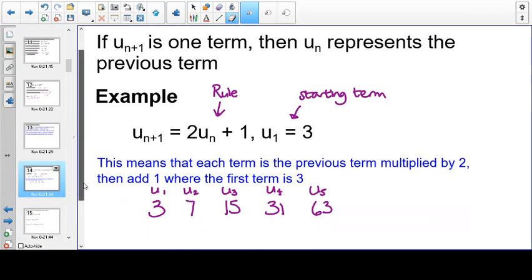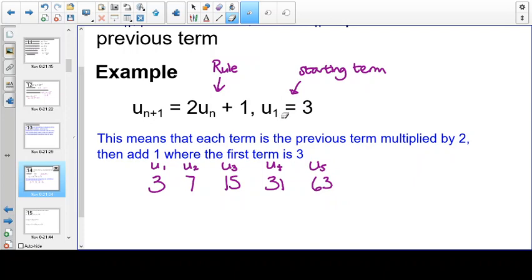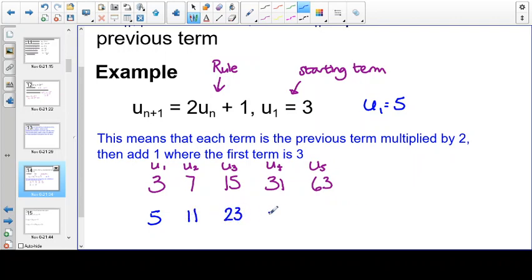One thing I probably should mention is that it does need to have a starting value. It's really important when you write down a recurrence relation, or you are given a recurrence relation, that you have a starting value, because if that was different, if U1 was, let's say, 5, then that would generate a different sequence. 2 times that plus 1, 2 times that plus 1, 2 times that plus 1, and so on.